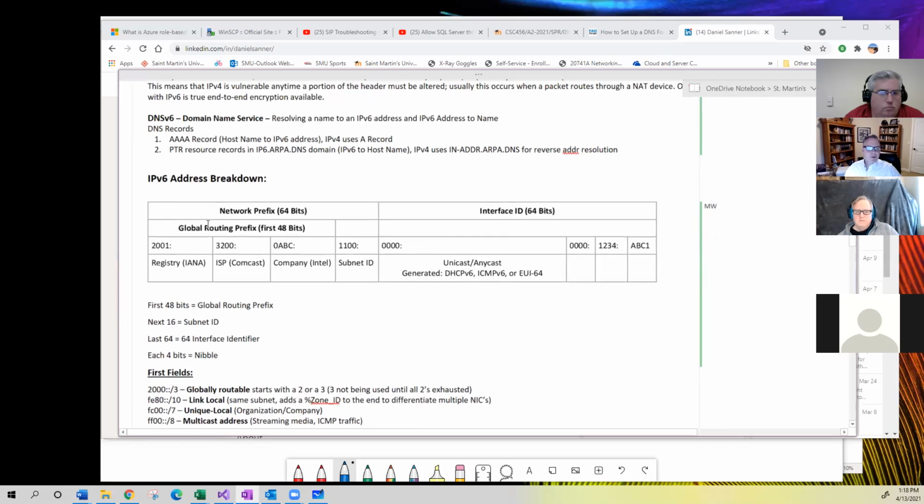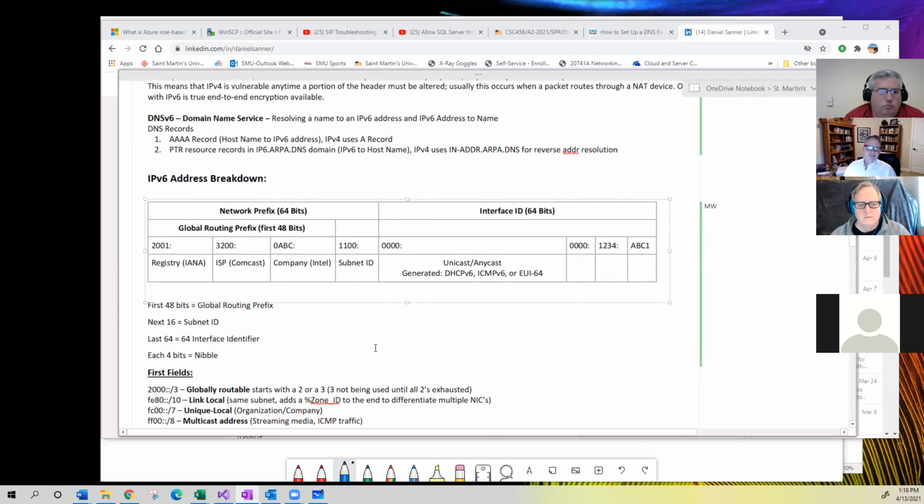Okay, so here's your network prefix, the first digits here. The first 48 are the global routing prefix, but this whole 64 bits of the 128-bit number is the network portion, or network prefix. And the last portion is the interface ID. This is specific to the individual user.